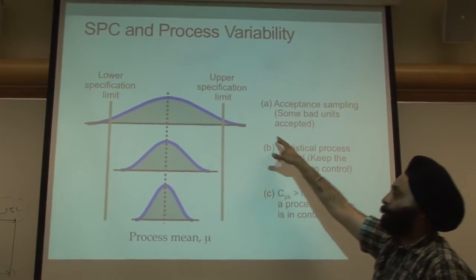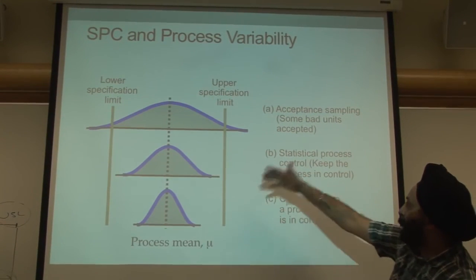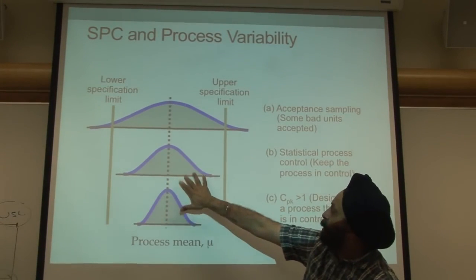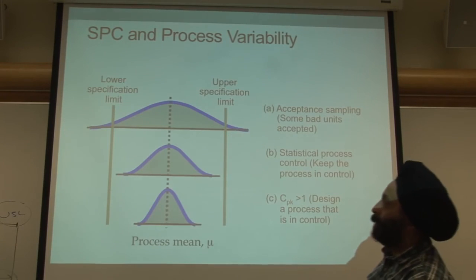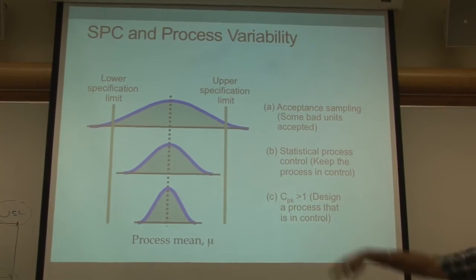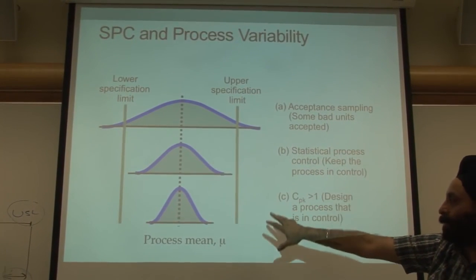Some bad units may be accepted, and that may hurt your bottom line. But over here, in the case where your process is delivering exactly what the customer wants, you can easily use statistical process control to keep the process in control.